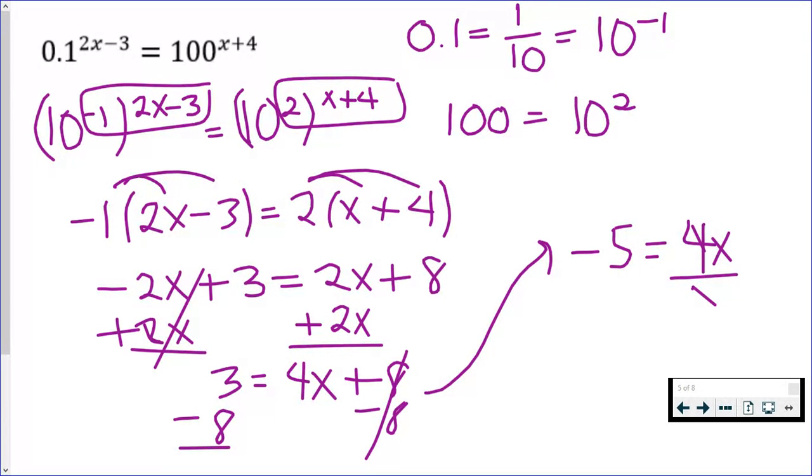My pen is dying. All right, you should get -5/4. You can check your answer and see that it's correct.